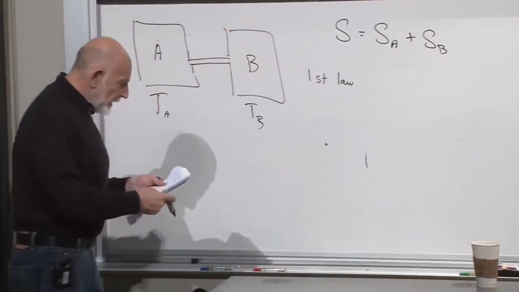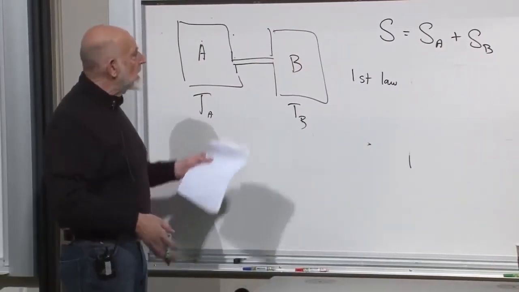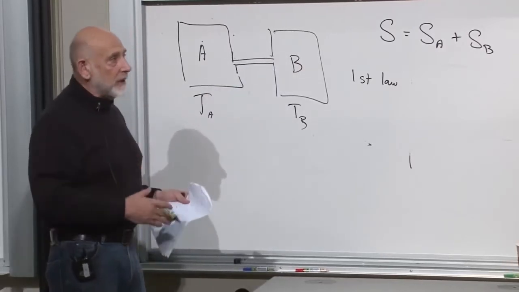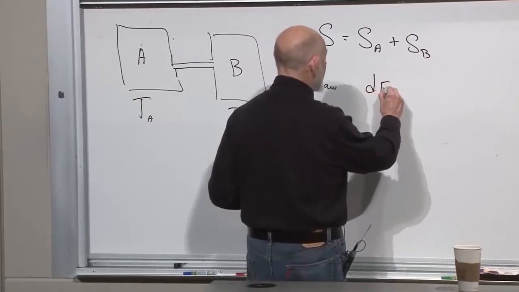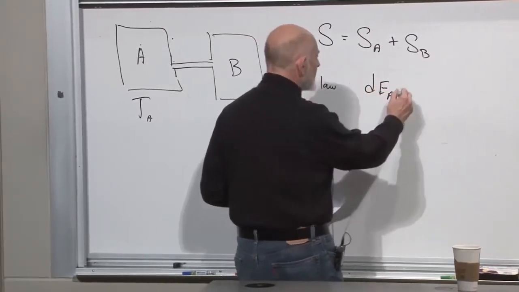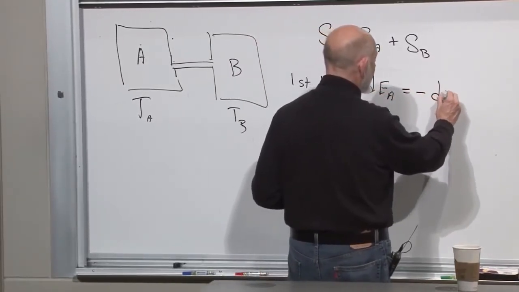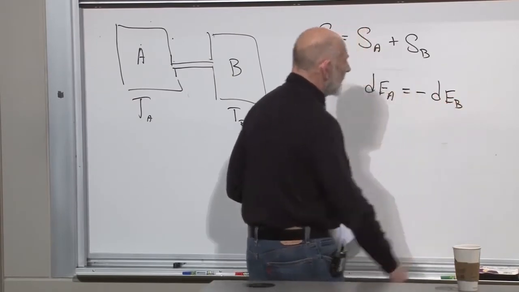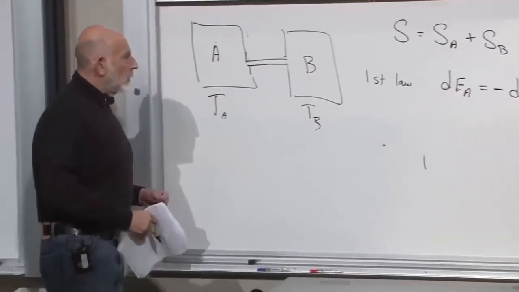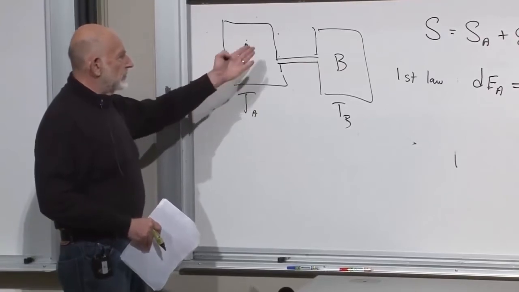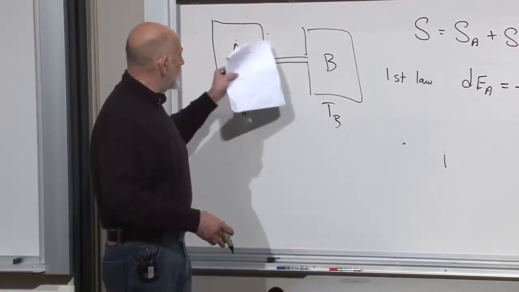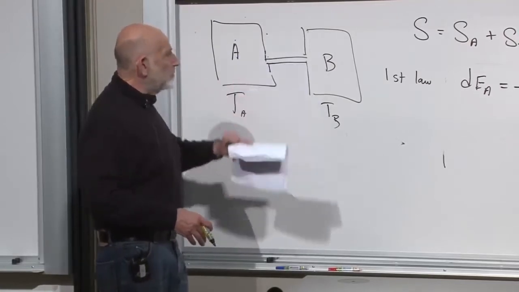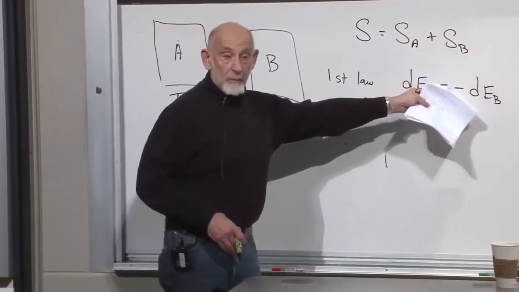If the energy of A increases, then the energy of B decreases by the same amount. So that says that dEA is equal to minus dEB, or the change in energy of A and B has to add up altogether to 0.